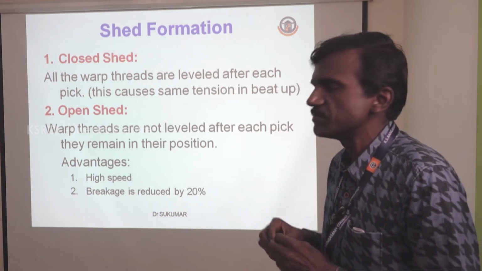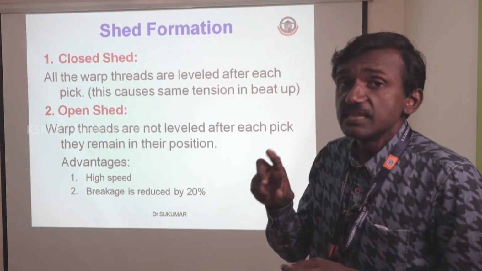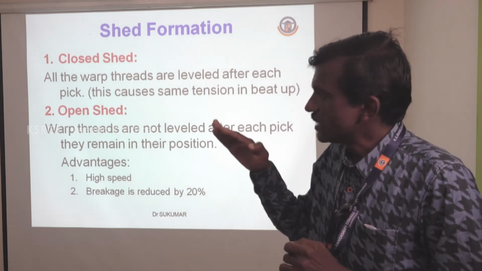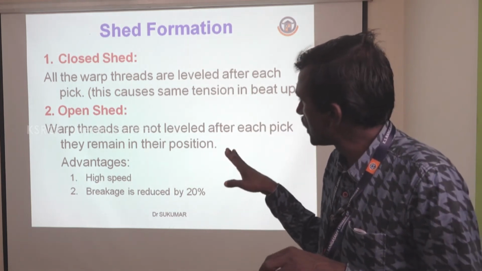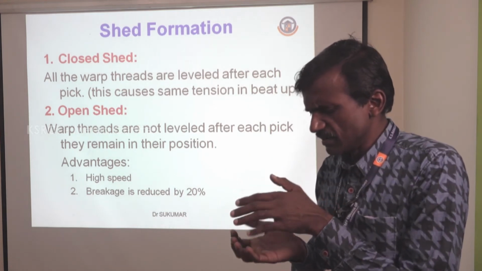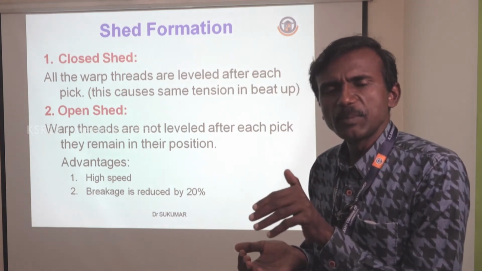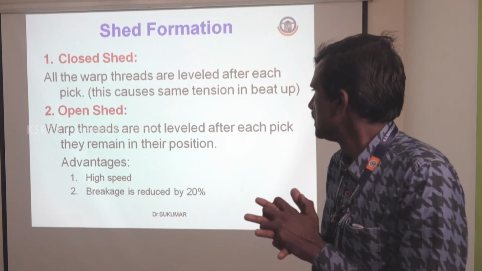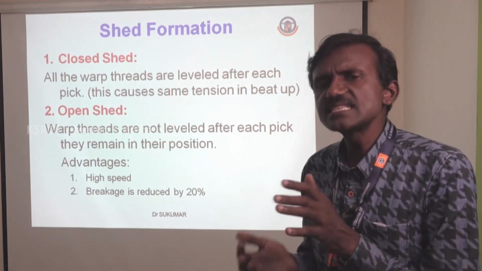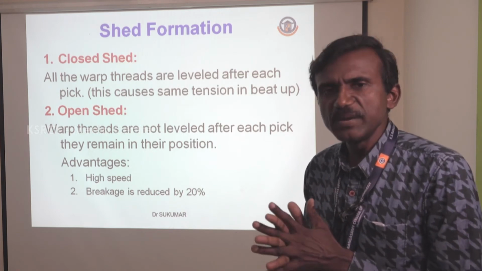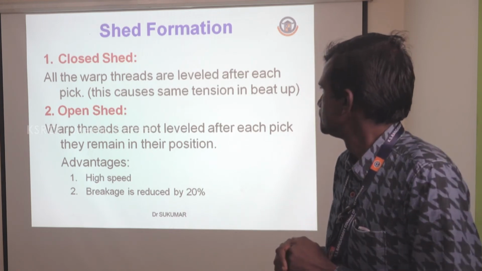The open shed mechanism can lead to higher speed because the heald shaft is not returned to the closing shed formation. So the advantage is higher speed, and breakage is reduced because of the reduced unnecessary movement of the heald shaft. The abrasion between the warp threads is reduced.